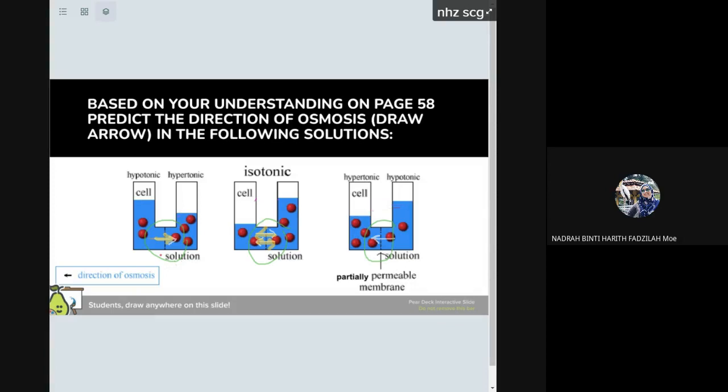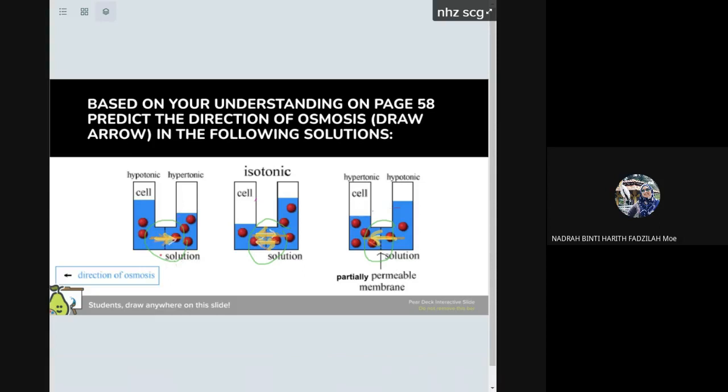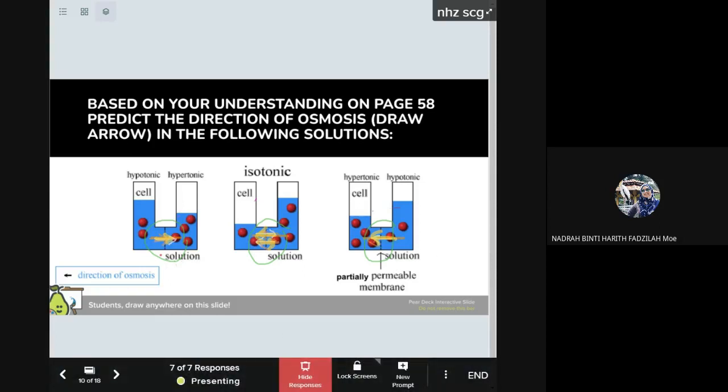Okay, good. Now, tadi soalannya ialah apa beza the term water potential and solute concentration. Now let's take a look. Saya highlightkan saya punya slide ya, sekejap.